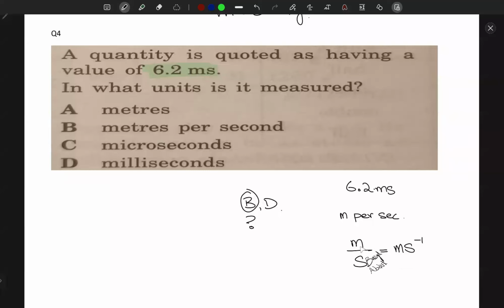What does meter per second really mean in mathematical language? So that's what meters per second is. But you see that at this point, it's just ms. Now it cannot be meters as well, because we write meters with M. There is no such thing as if it's 1 meter, then I write 1 M, and if it's 2 meters, then I write M S. It's not like that, right? So it's just 1 meter.